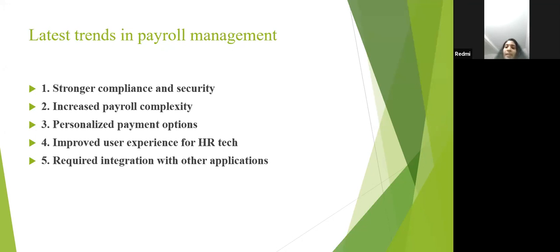That is multi-application integration, because payroll has to be accompanied by all the departments. Then only the exact result will come out, no matter how new and innovative the software may be. And these are the 5 important latest trends in payroll management.